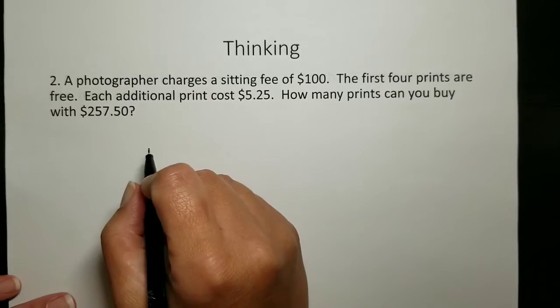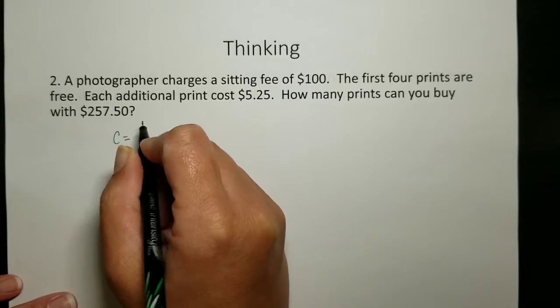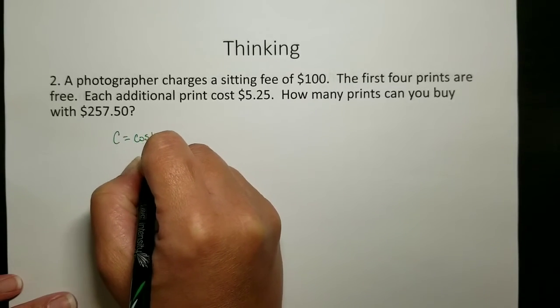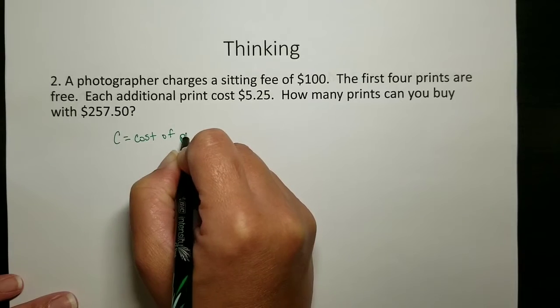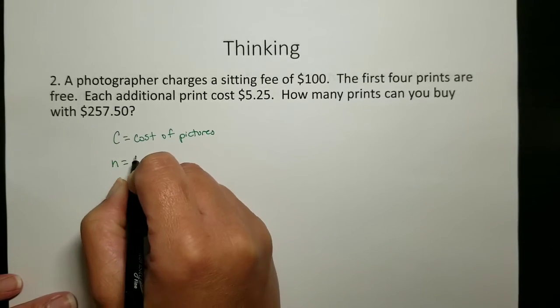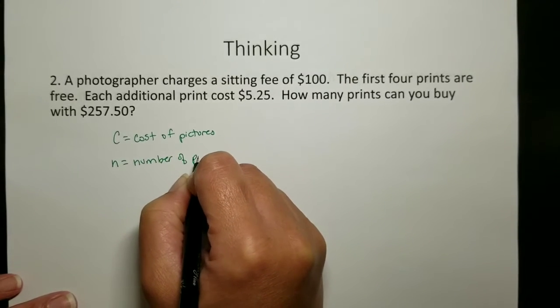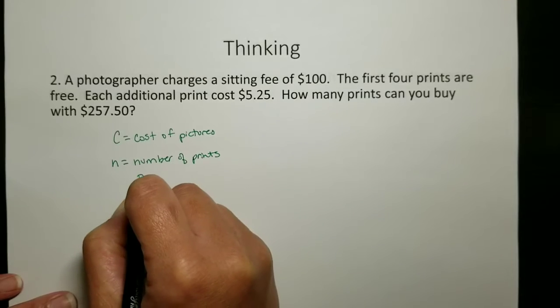Okay, so I'm going to use some variables. I'm going to say the cost is C, cost of the pictures. I might say N is the number of prints we pay for.